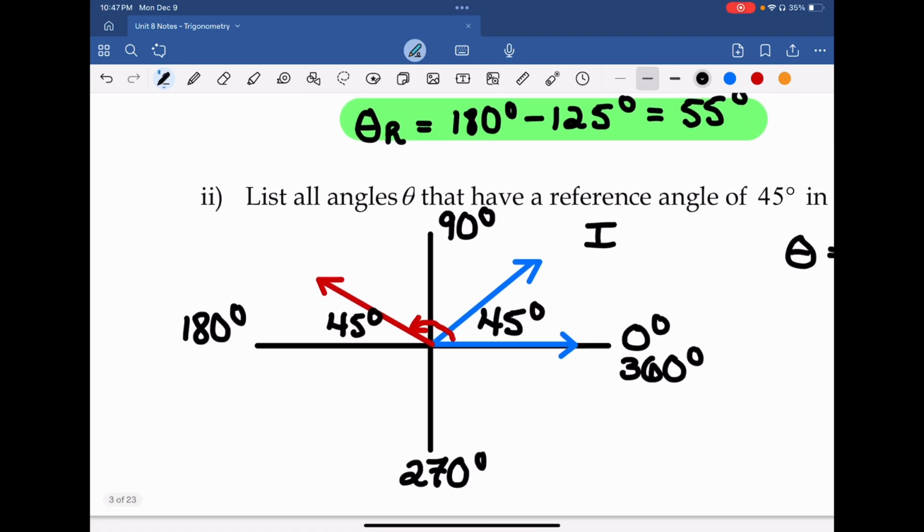To get this angle, we take 180, which is a full rotation from 0 across to the left-hand side, minus the 45. If I take 180 minus 40, I get 140. Subtract another 5, and this is 135. So the angle we make here in standard position is 135.